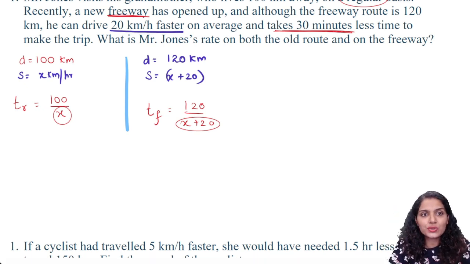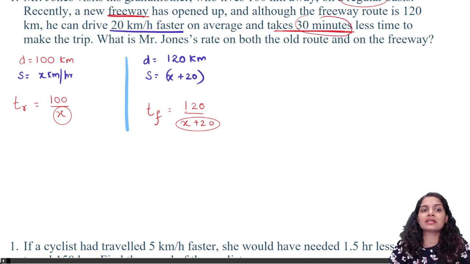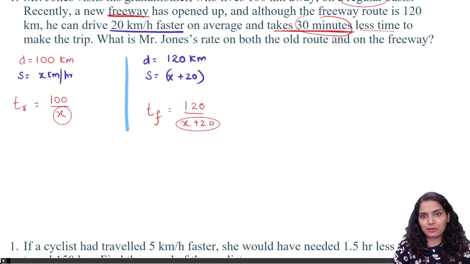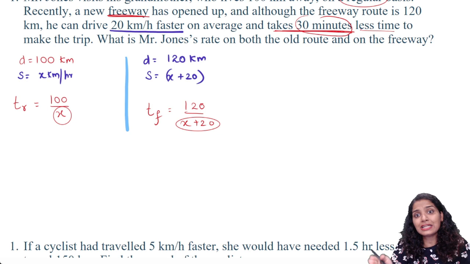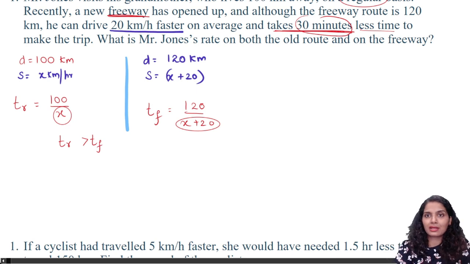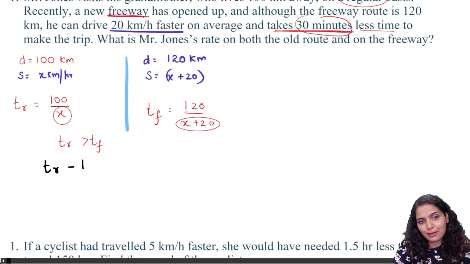So when he is using the freeway, he still manages to reach 30 minutes faster, or it takes 30 minutes less to make the trip. So obviously if TF is 30 minutes less, it means TR is greater than TF. We got the comparison. Now we can subtract. So it will be this minus this.